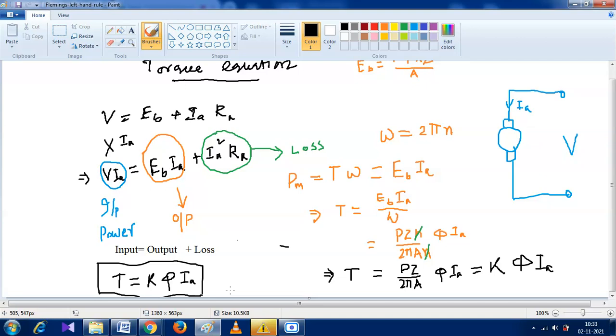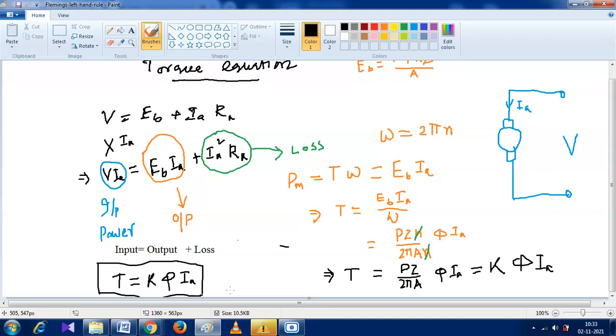This is called the torque equation. That means the developed torque is proportional to the flux and proportional to the armature current. And what is the value of K? K is P Z by 2 pi A.